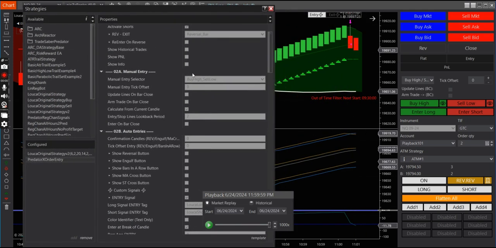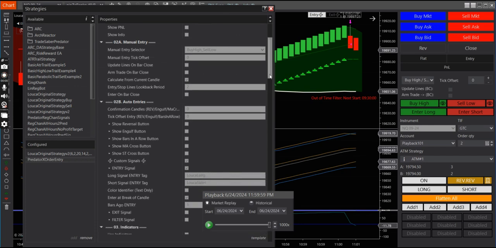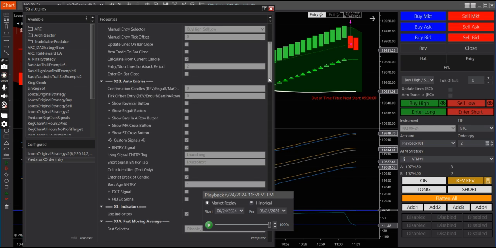Let's see if I can find it. See, enter at break of candle. Basically, I have it checked off. I didn't have it checked off in part 1, but I did in part 2 of this video.